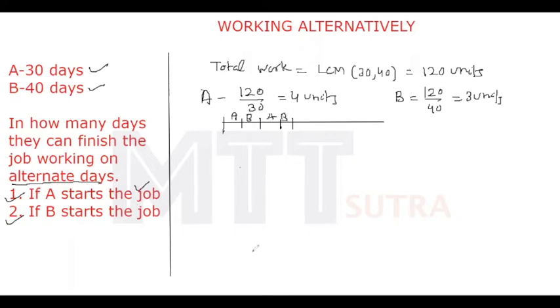What is the amount of work done by A? 4 units. So A does 4 units on the first day, B does 3 units, again A does 4 units, B does 3, and it goes on. So there is a cyclicity; the AB pattern will continue. So total 7 units of work is done in 2 days.